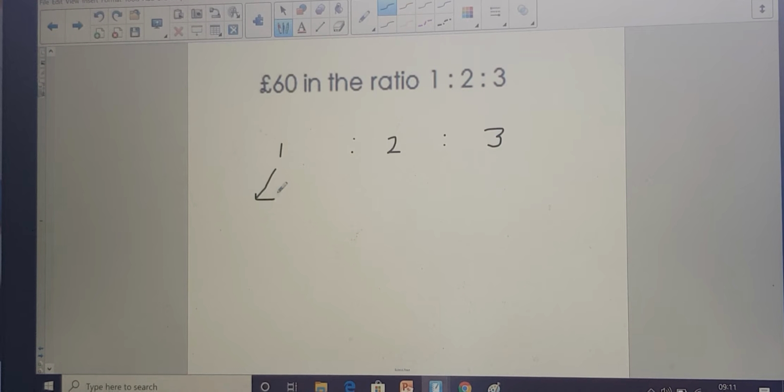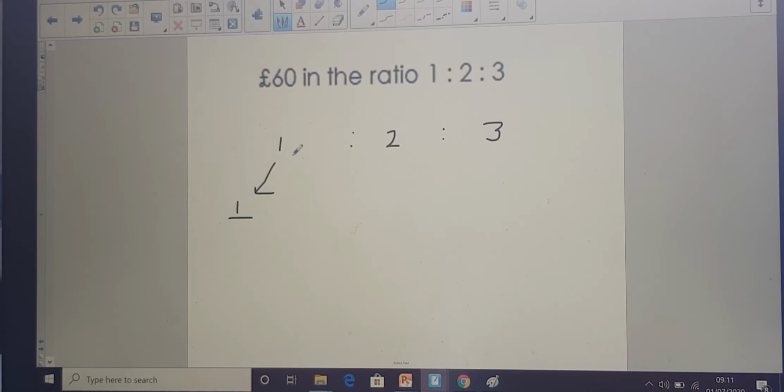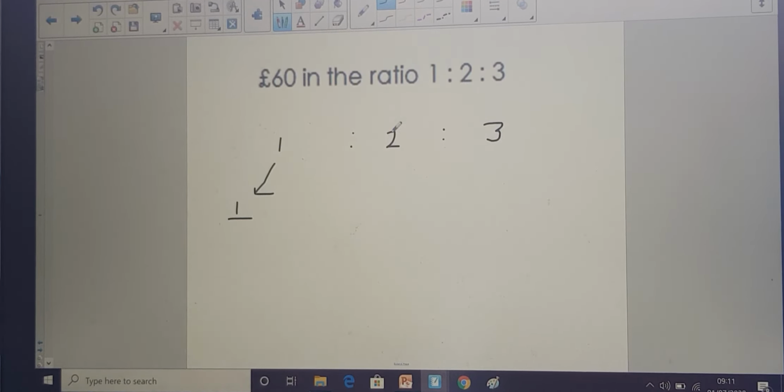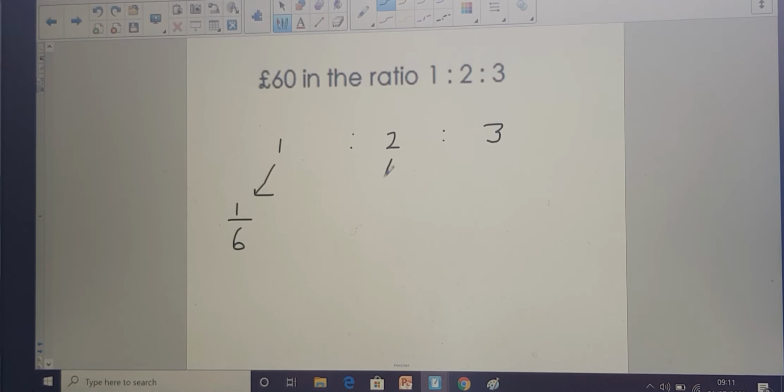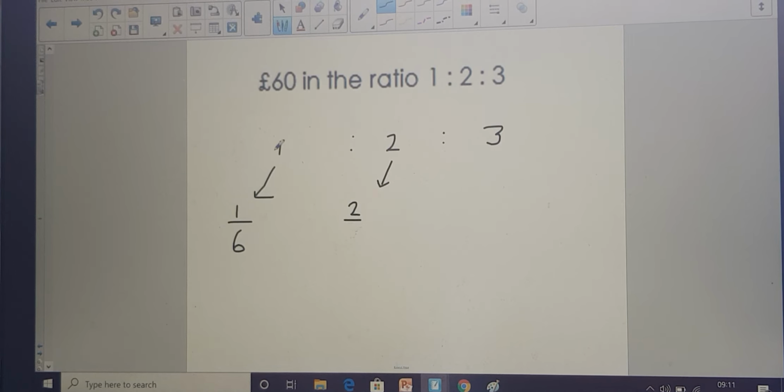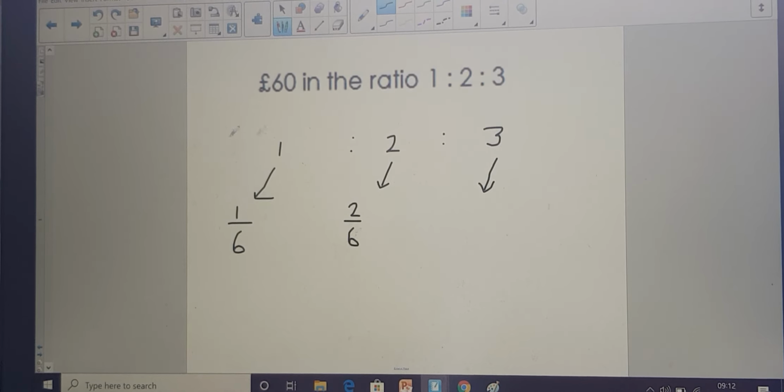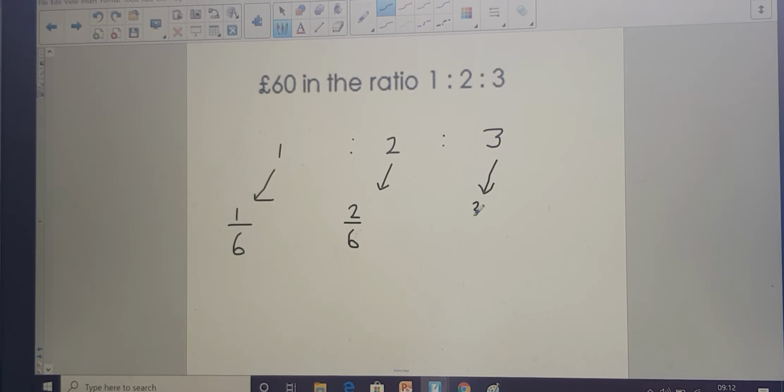So here I have 1, and how many bits are there in total? Well, 1 add 2 is 3, add another 3 is 6. Here I could do 2 out of 6 again. They're always going to have the same denominator because it's whatever the parts in the ratio sum to, and this is 3/6.